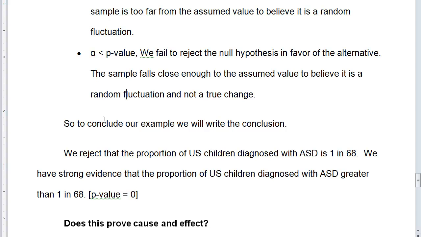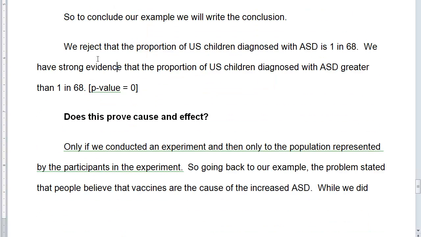So to conclude our example with the ASD, we will write the conclusion, and I've written it here. We reject that the proportion of U.S. children diagnosed with ASD is 1 in 68. So this part of the sentence right here, that's the null hypothesis. We have strong evidence, right?